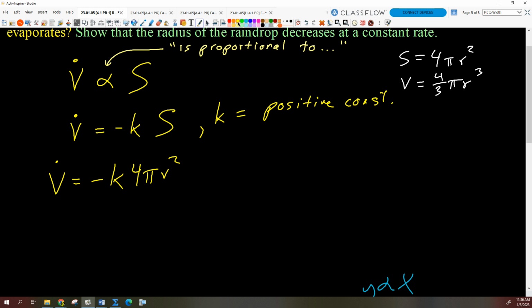What else could we do? Yeah, we could differentiate the volume parent equation, couldn't we? If we start with the volume equation, let's pick a different color for this. If we start with that parent equation and I differentiate implicitly with respect to t, what am I going to get?